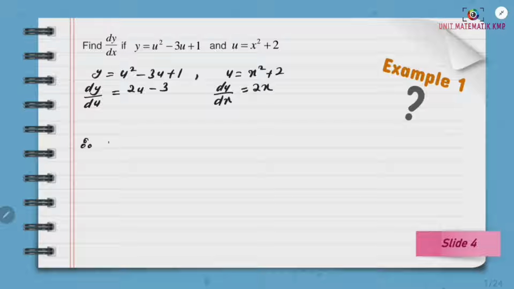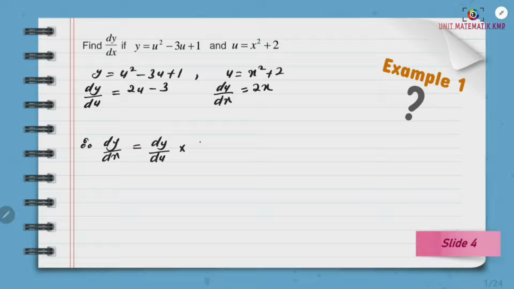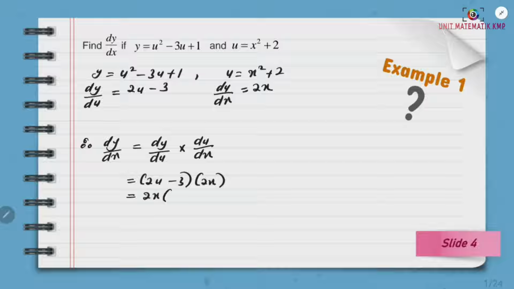Therefore, dy/dx is equal to dy/du times du/dx. Now, we write 2u minus 3 times 2x, 2x times (2u minus 3).